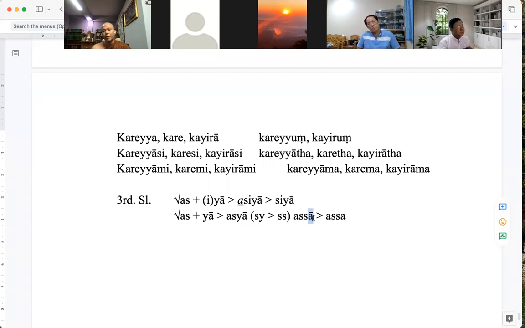Maybe because in siya, si is a light syllable, but ya is a long, heavy sound, so a light sound and a heavy sound in a single word.